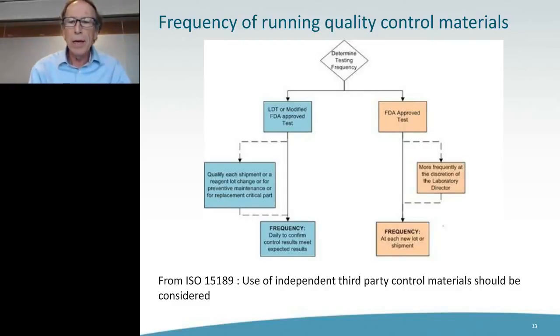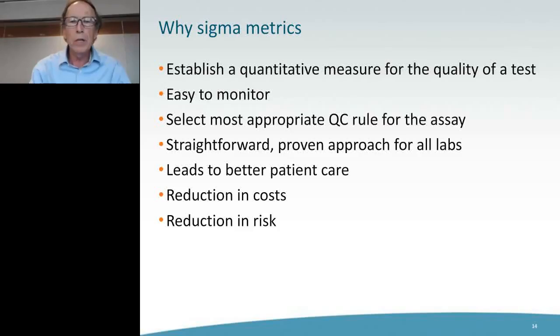So once you've decided how frequently to run your controls, then you have to think about how to analyze them. And we make a recommendation, as do other QC experts, to use sigma metrics. The advantage of sigma metrics is that it's a quantitative measure for the quality of a test. It's really easy to monitor, and not only can you follow trends, but it gives you rules that you can follow and establish before really taking your assay live with patient samples.